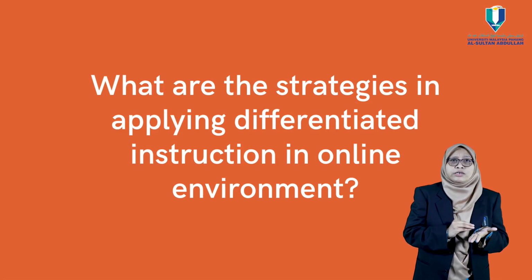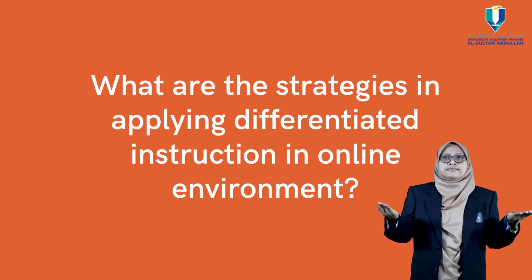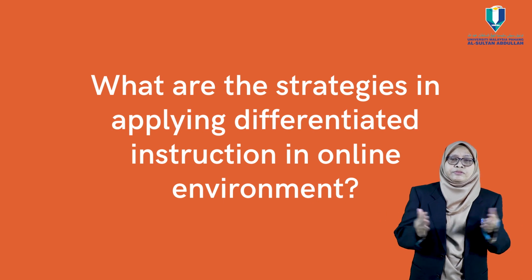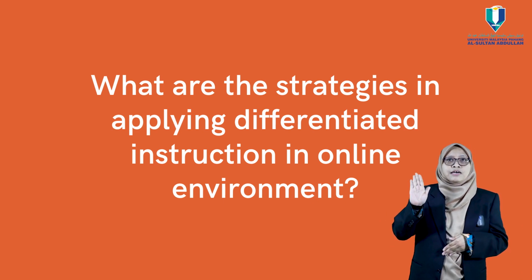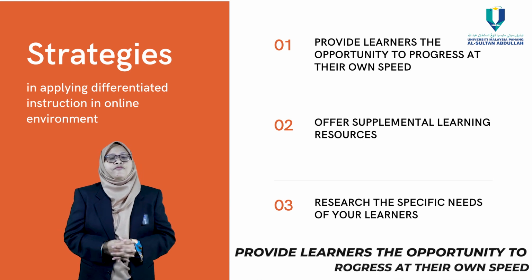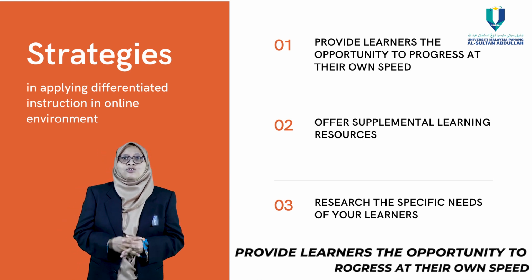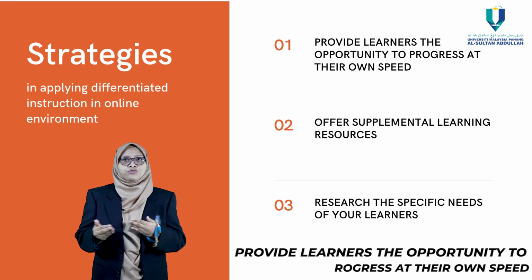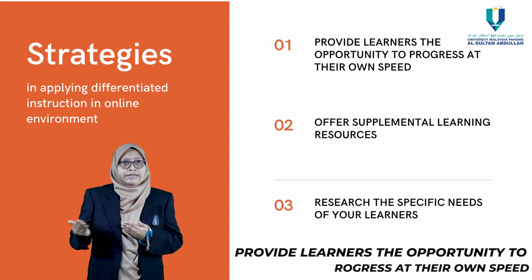So now, the question is, what are the strategies in applying differentiated instruction in online environment? There are 5 strategies that we are going to discuss. First one is to provide learners the opportunity to progress at their own speed. Not every learner is going to be able to speed through the online course.